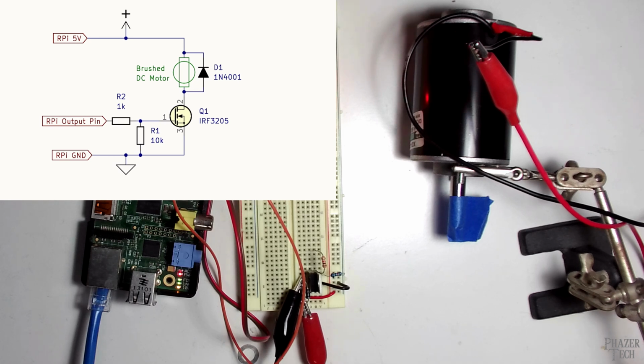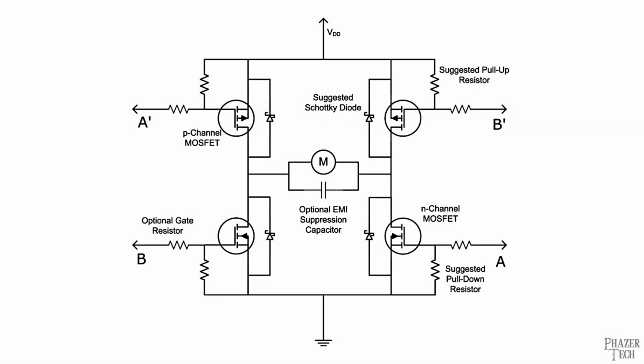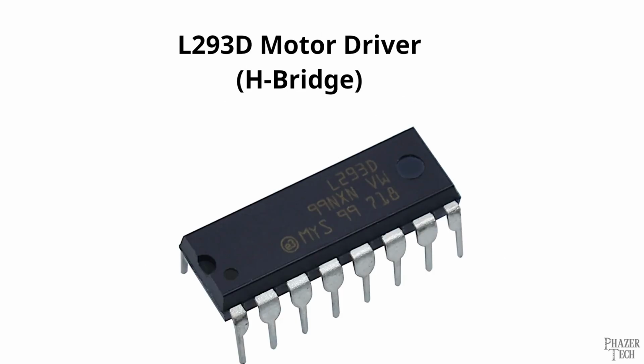Now, I wanted to point out that using a transistor to power a DC motor is completely fine, but it's not ideal because you can't change direction. You can only turn the motor one direction with this current setup. Now, you could design a more complex circuit that uses multiple transistors in order to get the ability to reverse direction, but that's more work than you need to do. Ideally, you'll want to get what's called an H bridge, which contains that circuit inside it.